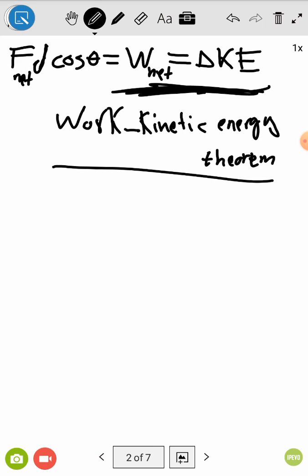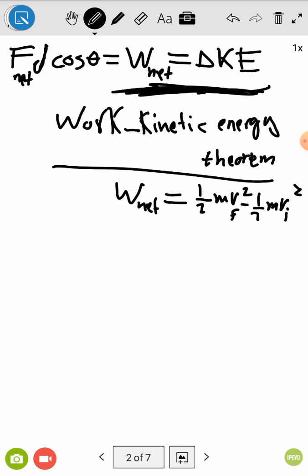You can rewrite this equation according to the given quantities in each problem: work net equals half m v final squared minus half m v initial squared, which is the kinetic energy final minus the kinetic energy initial.